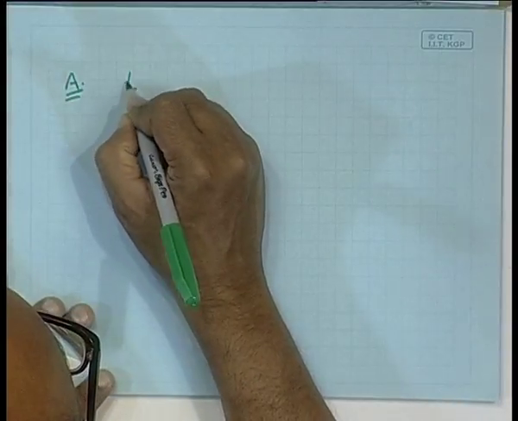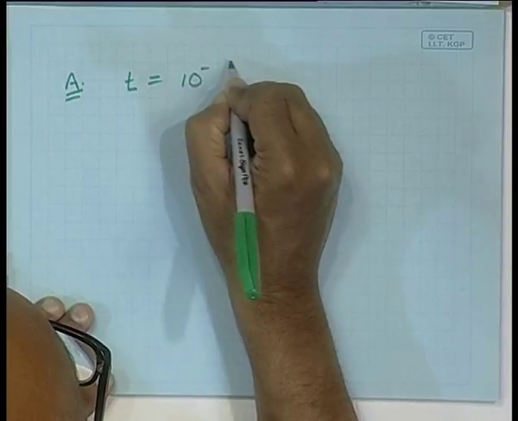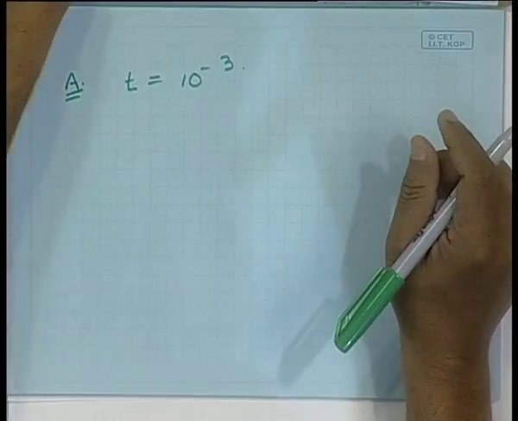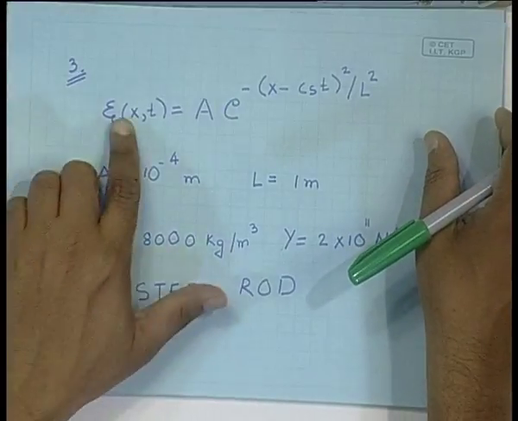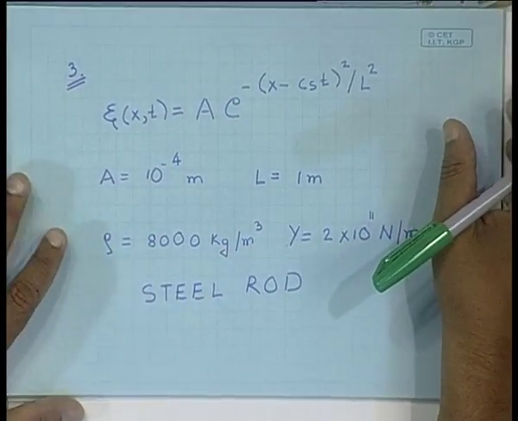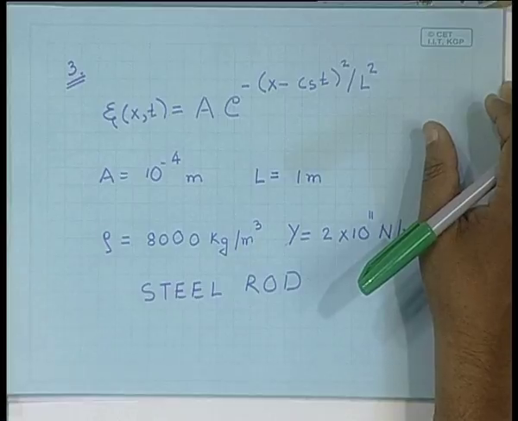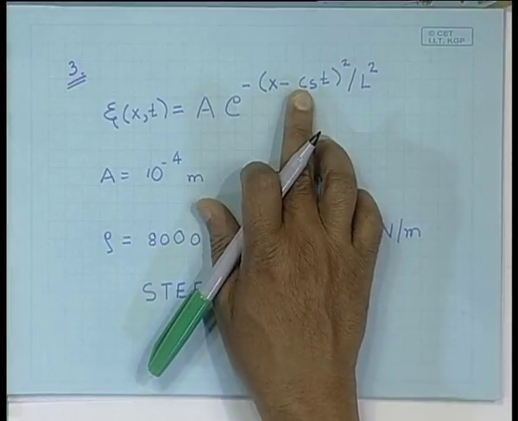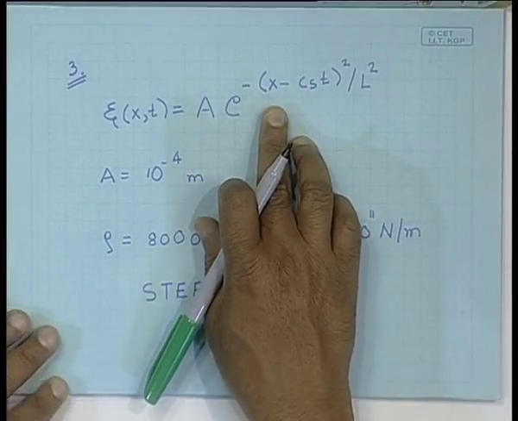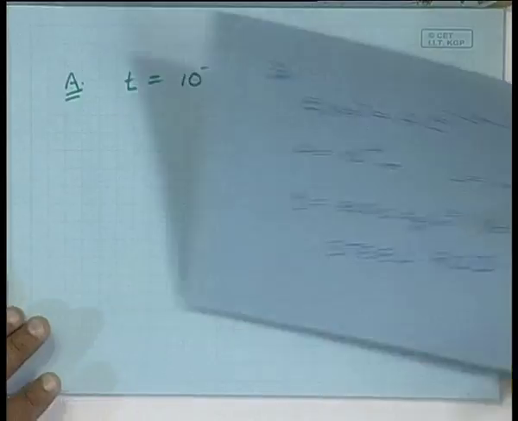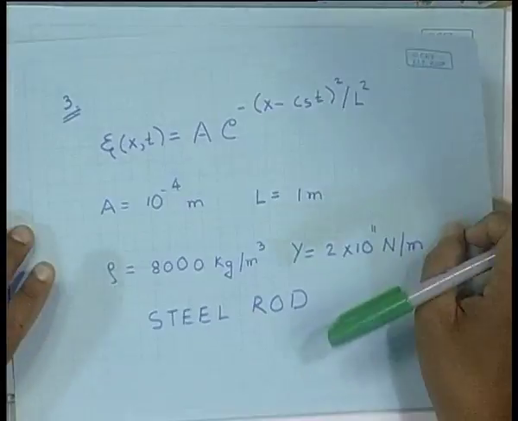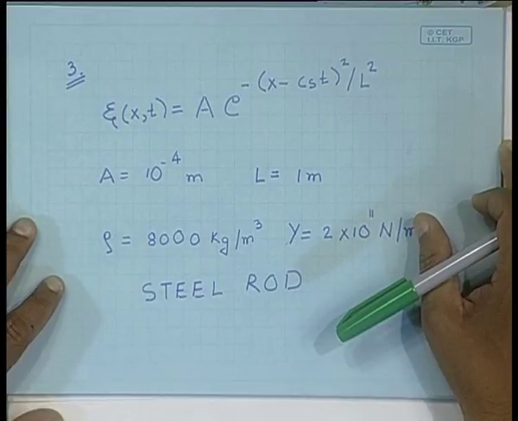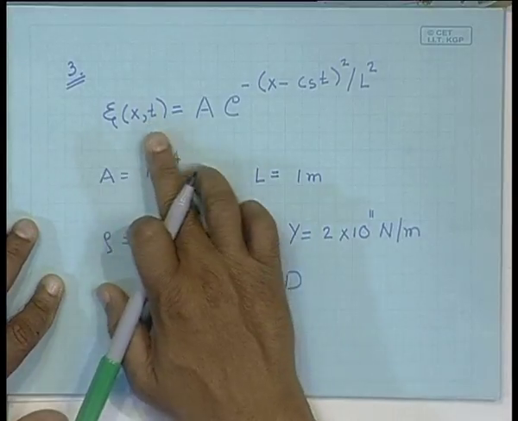At the time t equal to 10 to the power minus 3, where is this displacement maximum? At what value of x is the displacement maximum at the time t equal to 10 to the power minus 3 seconds? Now, let us just look at this function.